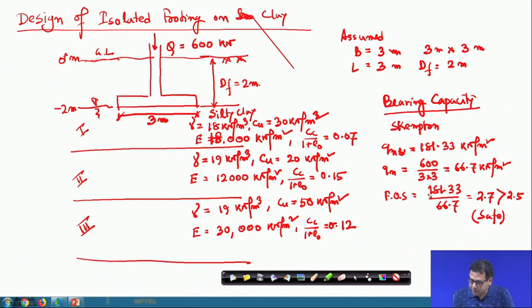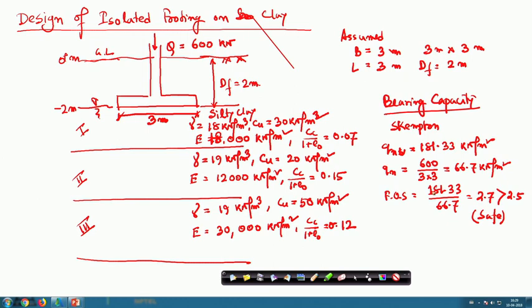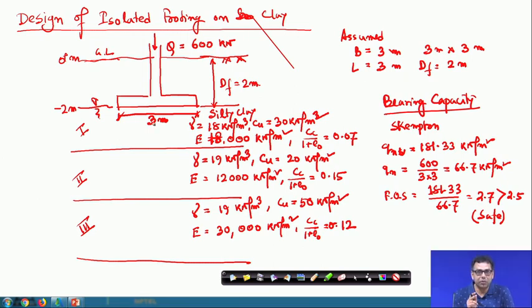Now, we have to check whether that dimension is safe against settlement or not. It is a 3 meter width, so the influence zone for the settlement will be twice B, which is 6 meter. The second layer boundary is at minus 4 meter, then minus 6 meter, and this is minus 10 meter.